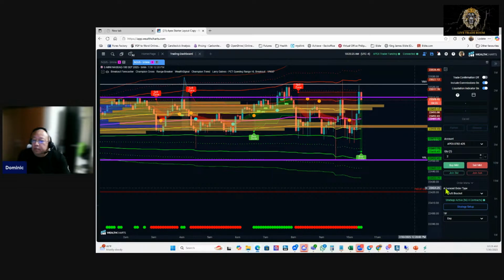So it broke and closed above that ORB, the 15-minute ORB, but I don't enter the first impulse there. I'll probably trade this pullback. Let's see what happens here.